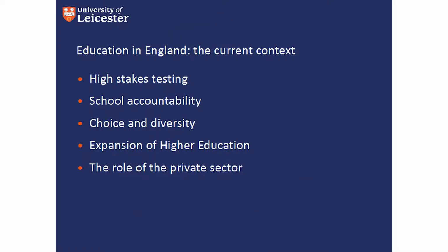At the heart of this is the idea of choice, and this is especially true with the current government. We have a coalition government at the moment, but it's very strongly led by the Conservative Party, for whom the idea of choice, and the parents' right to choose the best education for their children, is right at the very, very centre.